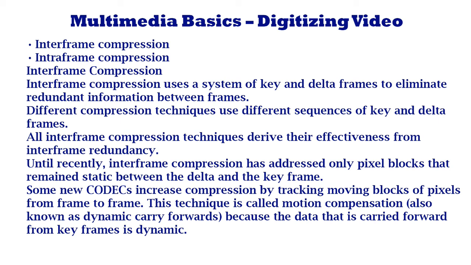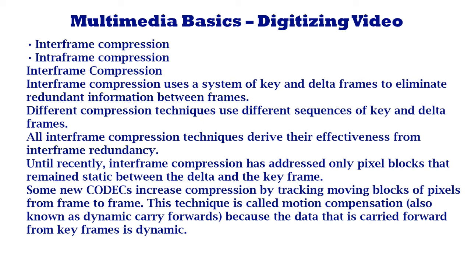Consider a video clip in which a person is waving an arm. If only static pixels are tracked between frames, no interframe compression occurs with respect to the moving part of the person, because those parts are not located in the same pixel blocks in both frames.